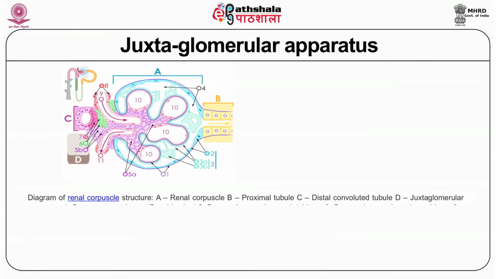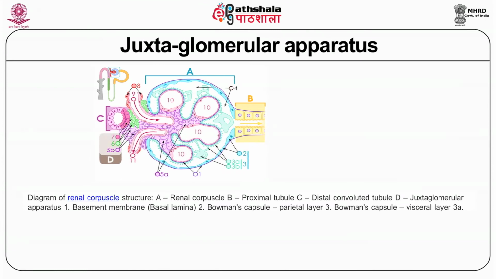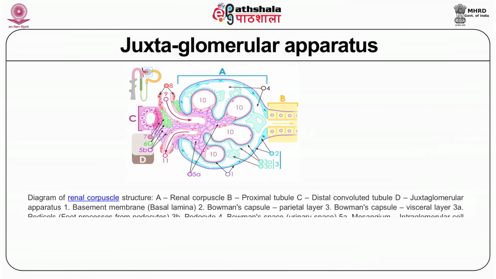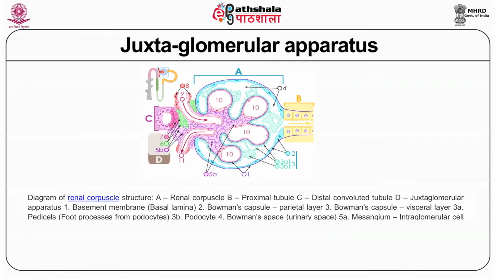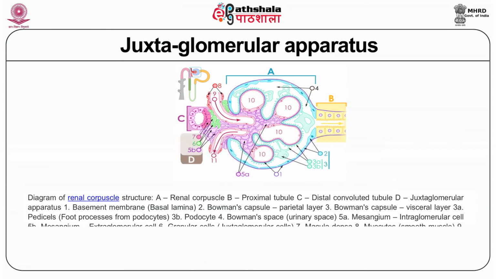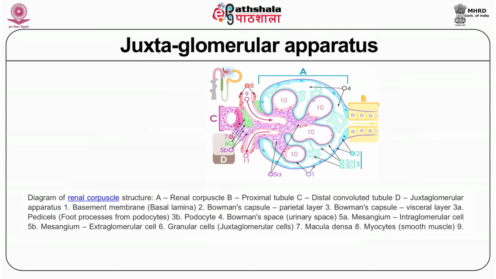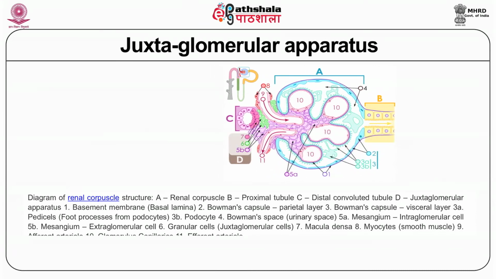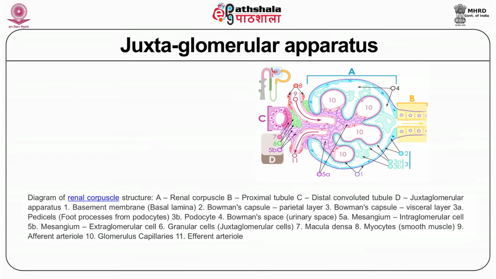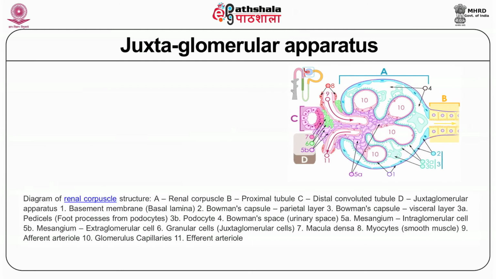A signifies the renal corpuscle, B is the proximal tubule, C is the distal convoluted tubule, D is the juxtaglomerular apparatus, in which 1 is the basement membrane, 2 is the Bowman's capsule parietal layer, 3 is the Bowman's capsule visceral layer, 3A are the pedicles, that is foot processes from the podocytes, 3B is the podocyte proper, 4 is Bowman's space, 5A is intraglomerular mesangial cells, 5B is extraglomerular mesangial cells, 6 shows granular cells, 7 macula densa, 8 smooth muscle, 9 is afferent arteriole, 10 is glomerular capillaries, 11 is efferent arteriole.